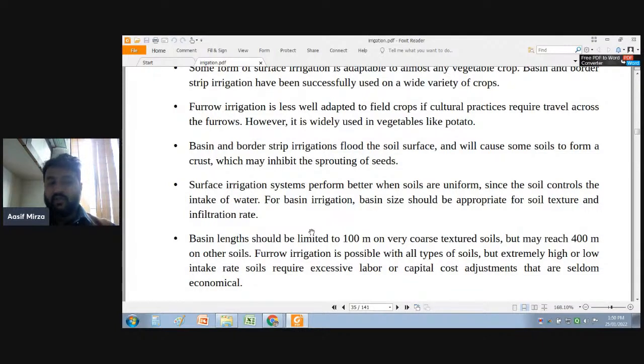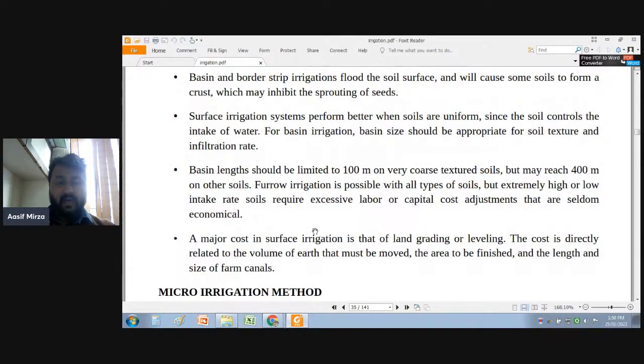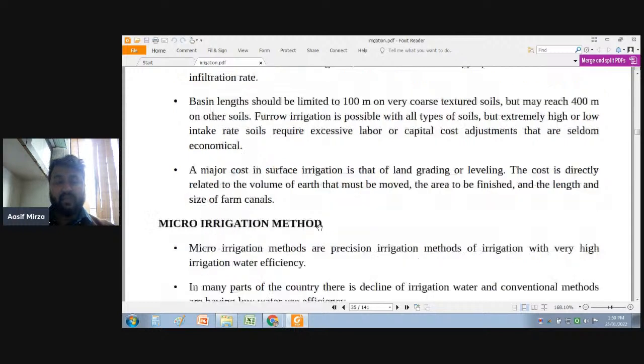Furrow irrigation is possible with all types of soils, but extremely high or low intake rate soils require excessive labor or capital cost adjustments that are seldom economical. A major cost in surface irrigation is that of land grading or leveling. The cost is directly related to the volume of earth that must be moved, the area to be finished, and the length and size of farm canals.